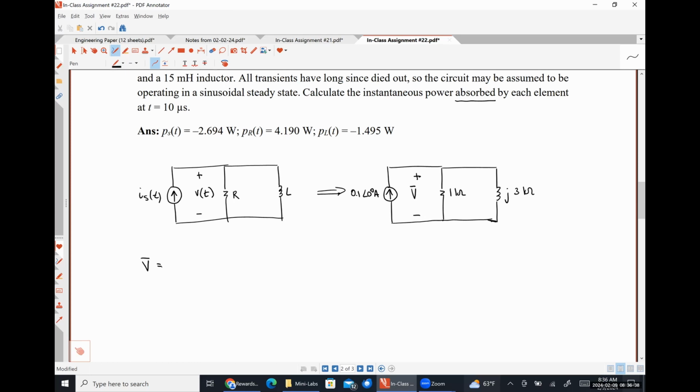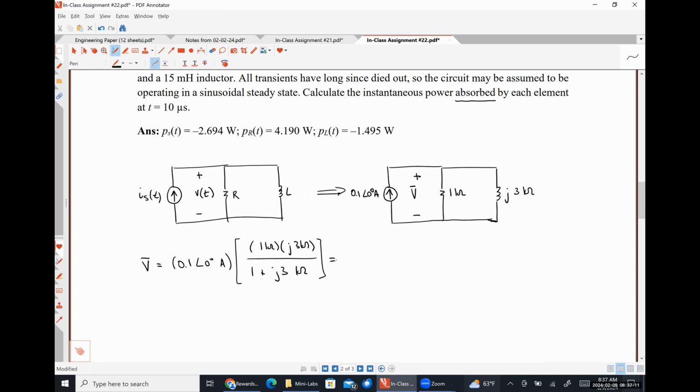Yeah, so just use Ohm's law. I times ZEQ. So that's going to look like 0.1 angle 0 degrees amps times 1 kilo ohm times J 3 kilo ohms divided by 1 plus J 3 kilo ohms.